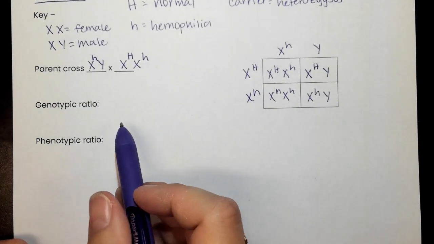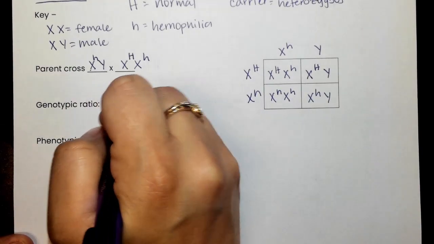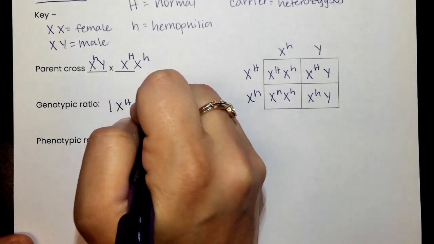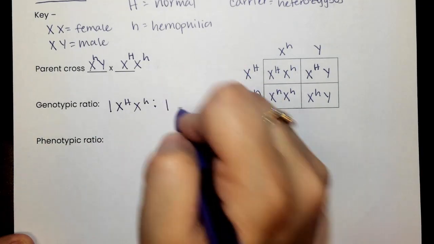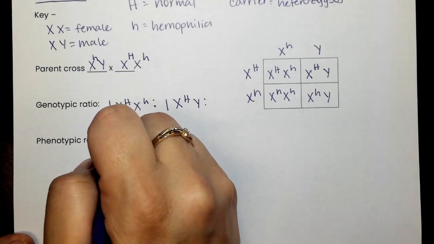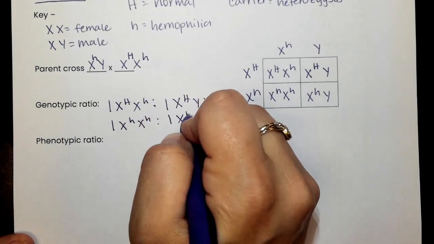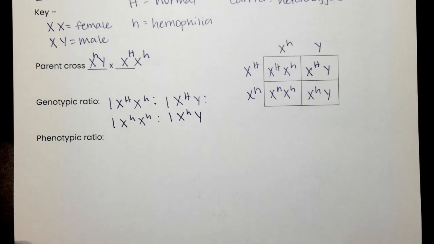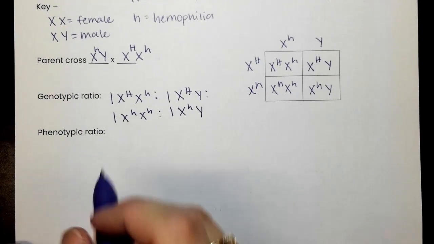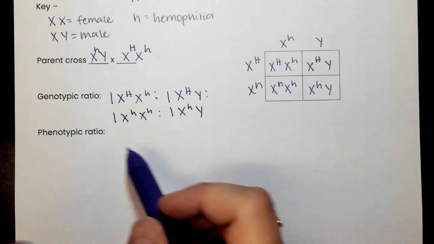So my genotypic ratios, just list what I have. So I have 1 X big H, X little h. I have 1 X big H, Y. I have 1 X little h, and 1 X little h, Y. And then, or 25%, 25%, 25%, 25%.